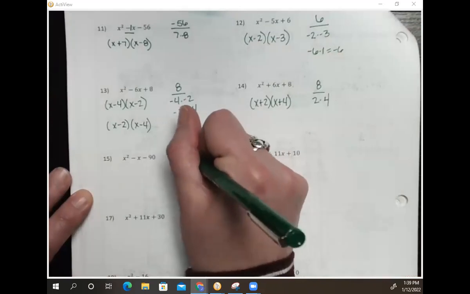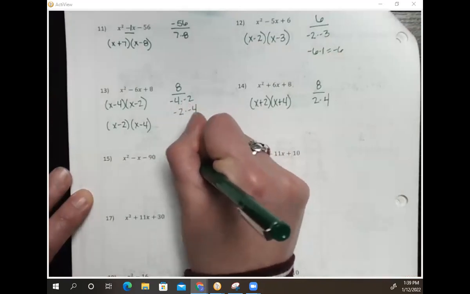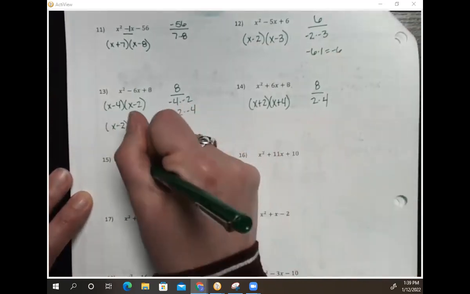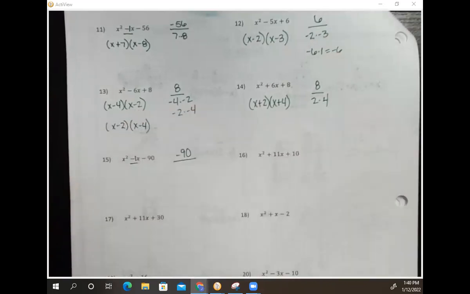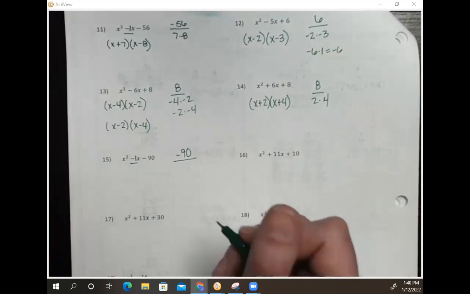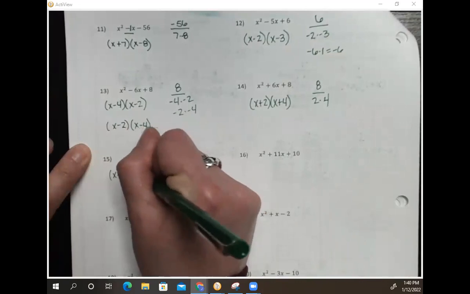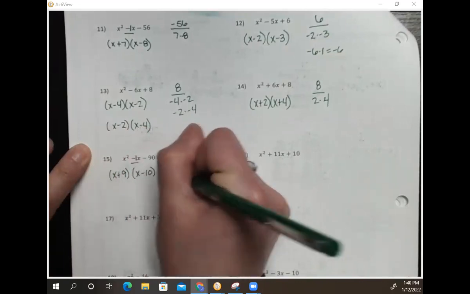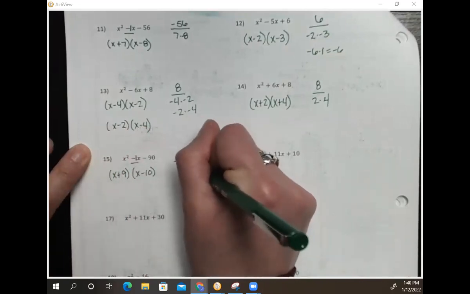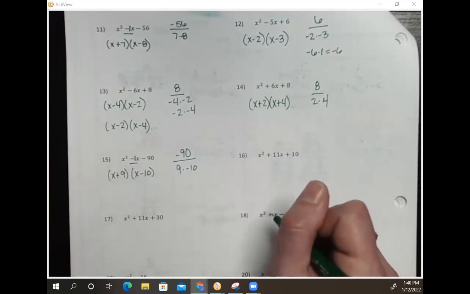Number 15, factors of negative 90 that add to negative 1. x plus 9 times x minus 10. So 9 times negative 10 would multiply to give me negative 90, but add to give me negative 1. Very good.